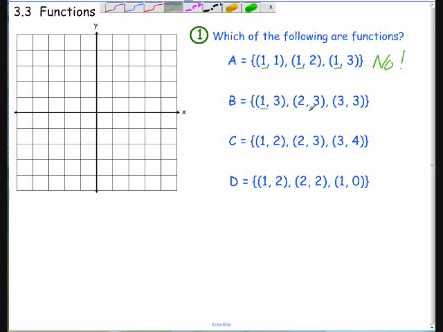Now these don't duplicate each other. So if you have x values that are all unique, you don't even have to look further. You can say yes. How about this one? 1, 2, 3. We just say yes. 1, 2, 1. Oh, this one we have to look at because we have 2 values of x. We should have only 1 value of y. No.